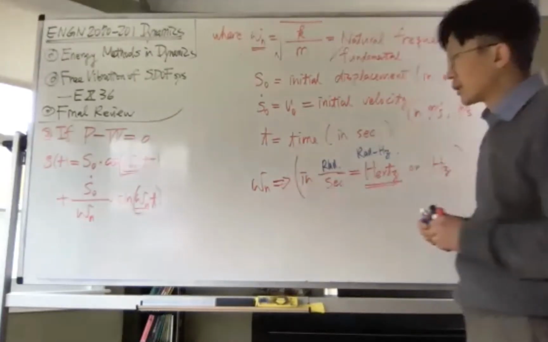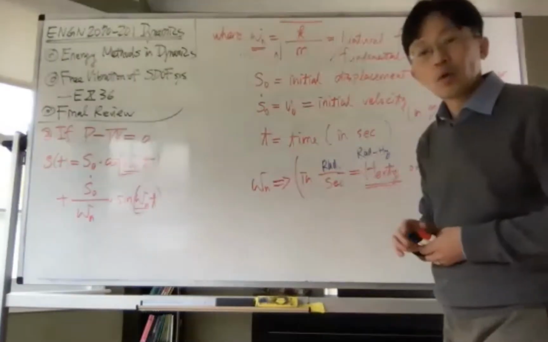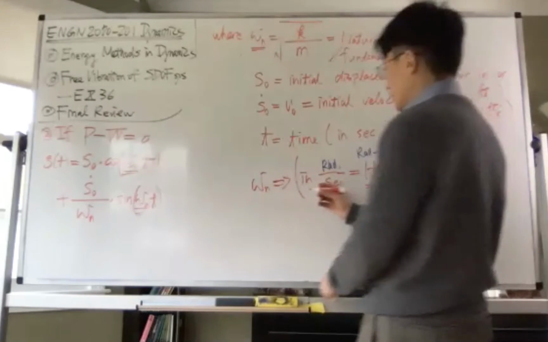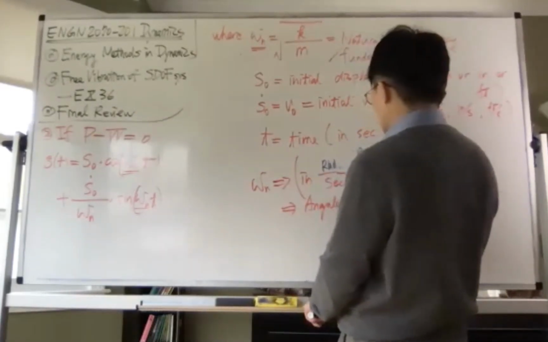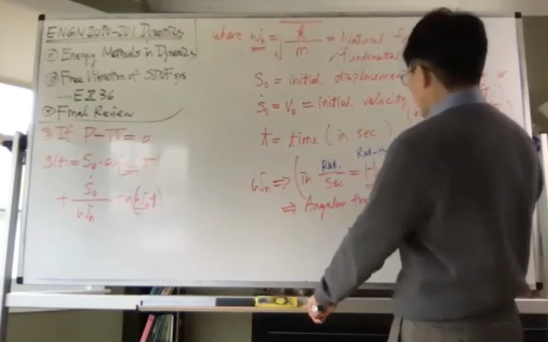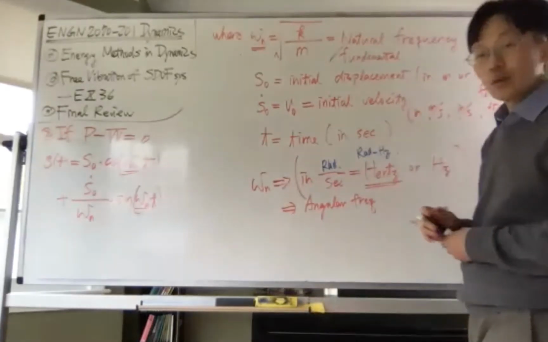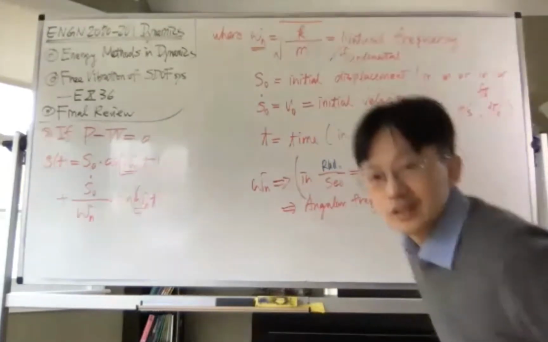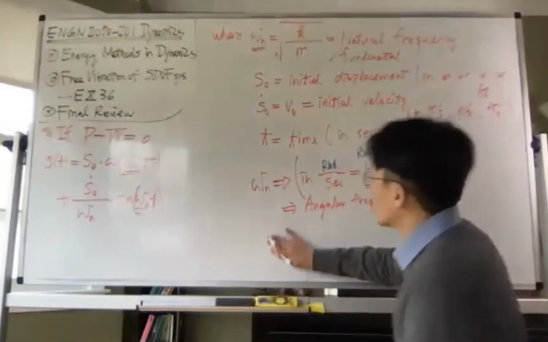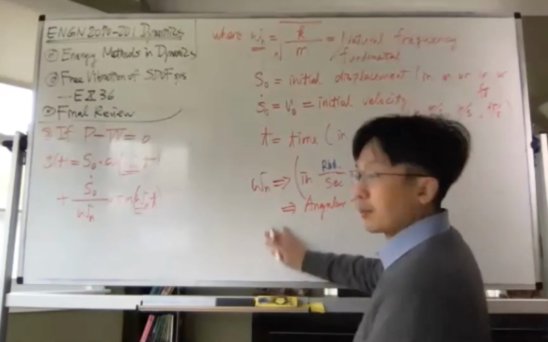And why is that? It's because this omega n is what we call angular frequency, or sometimes I call it radian frequency. And there's another frequency that we talk about in hertz. That one is what we call temporal frequency.